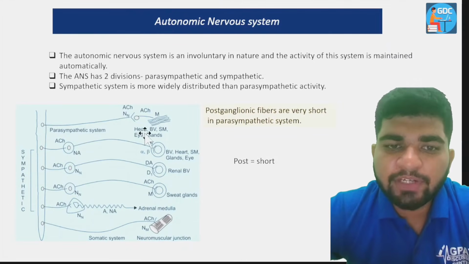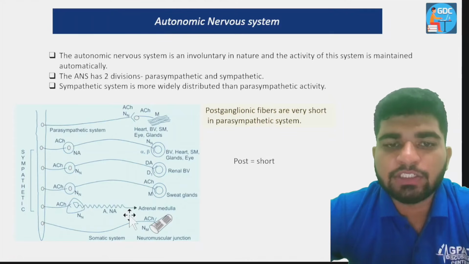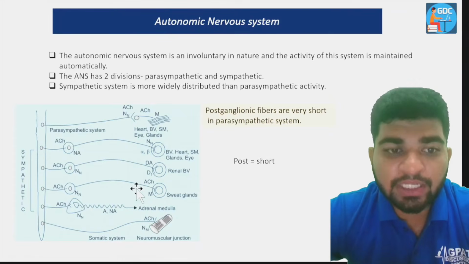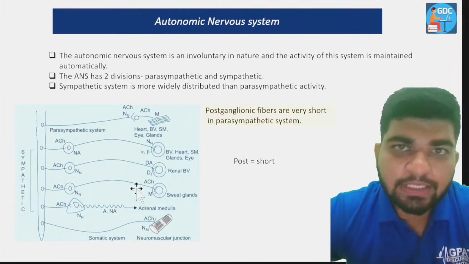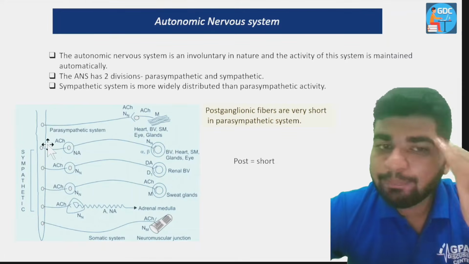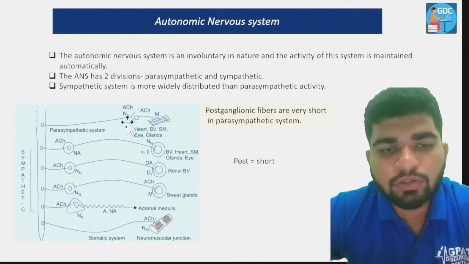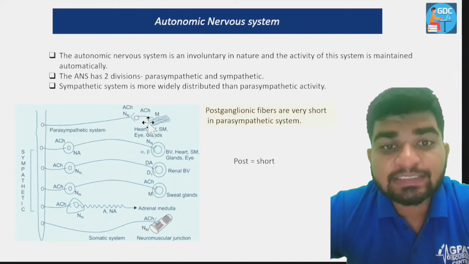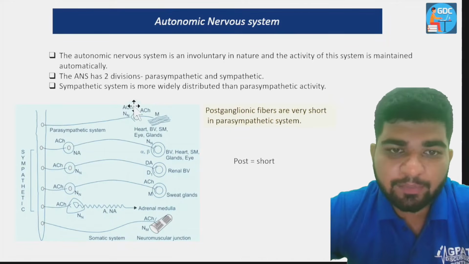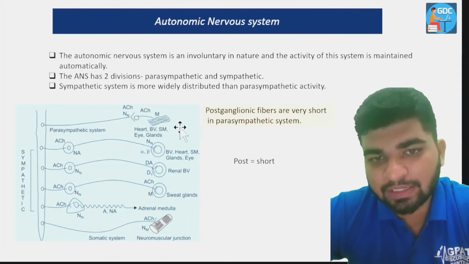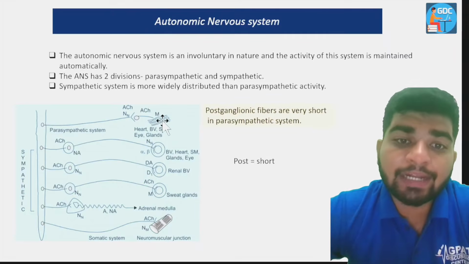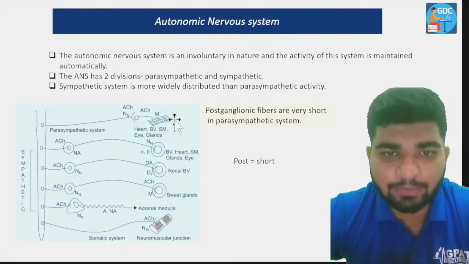But if we talk about the postganglionic condition, this may vary according to sympathetic or parasympathetic outflow. In the parasympathetic outflow, you will see acetylcholine also acting as a secondary neurotransmitter, acting on the M, that is, muscarinic receptors.